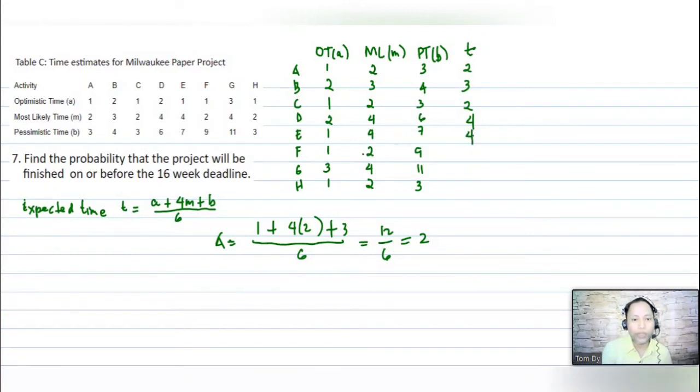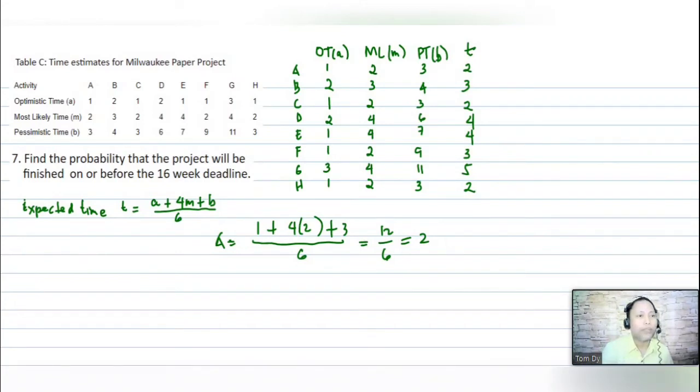And then 4 times 2, 8, 9, 18, divided by 6, that is 3. 4 times 4, 16, 30, divided by 6, that is 5. 4 times 2, 8, plus 1, 9, 12, divided by 6, that is 2. So that is how we compute our expected time.